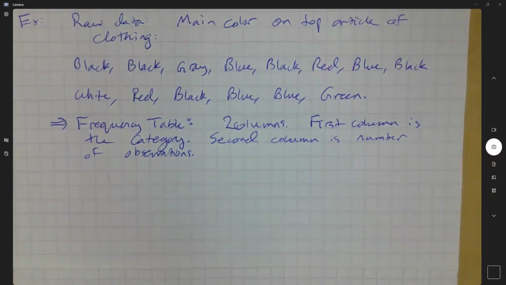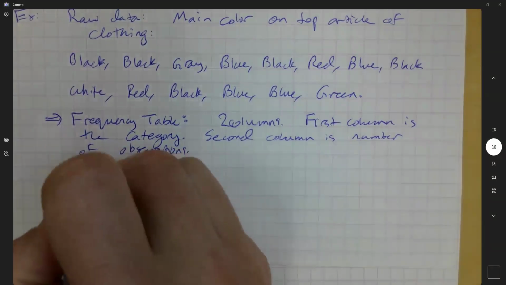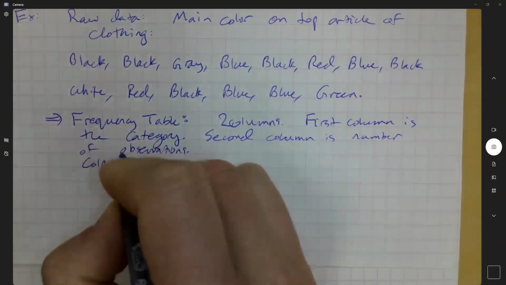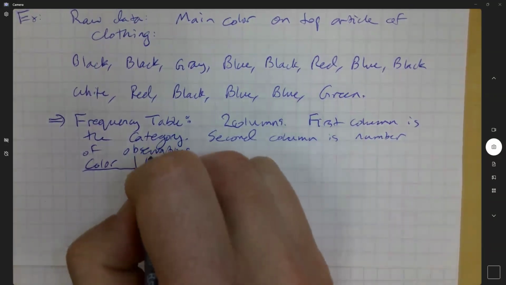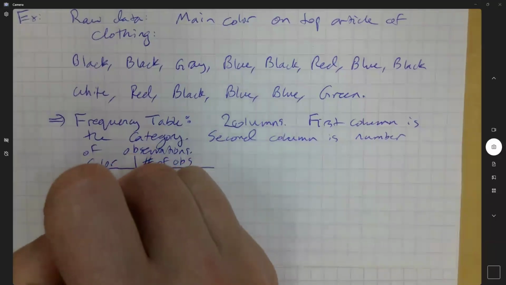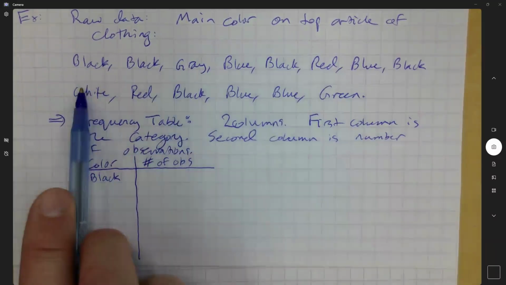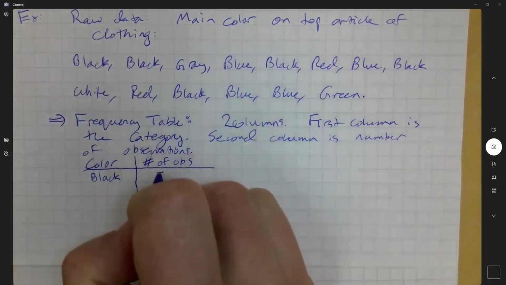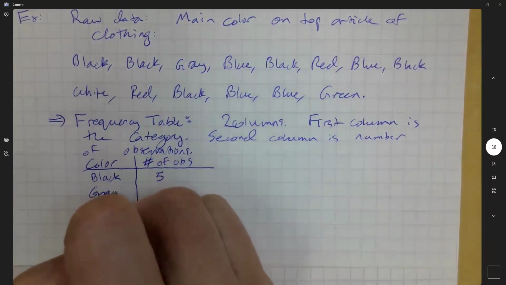Now let's make a frequency table. First column is the color. Second column is the number of observations. So I've got black as a color. And I have 1, 2, 3, 4, 5. I have gray as a color.